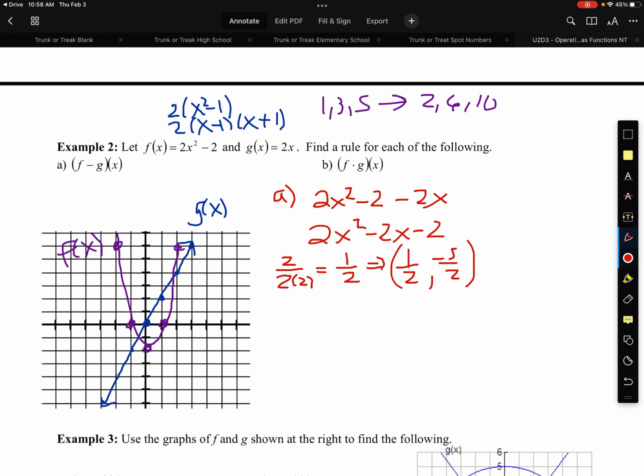So we're here, 1/2, negative 5 over 2. We still have that a is 2, so we go up 2 over 1, up 2 over 1, and we get that graph. That red graph is the graph of our rule for f minus g of x.